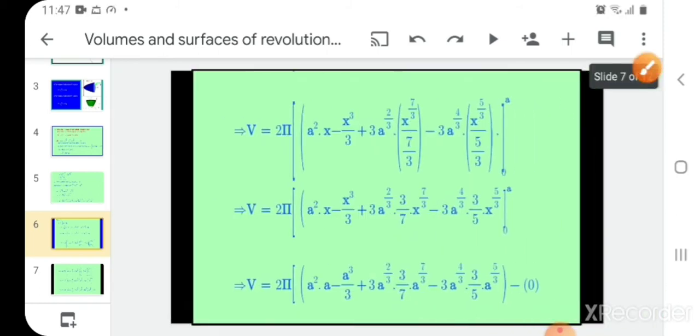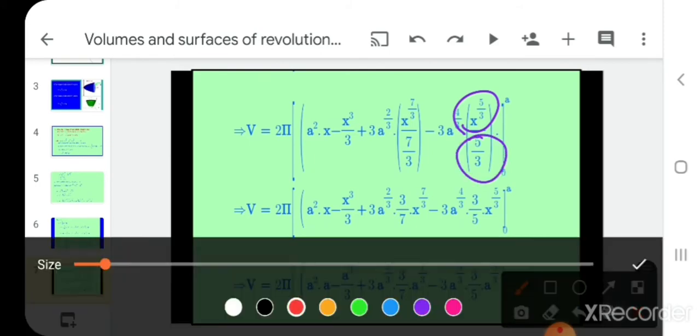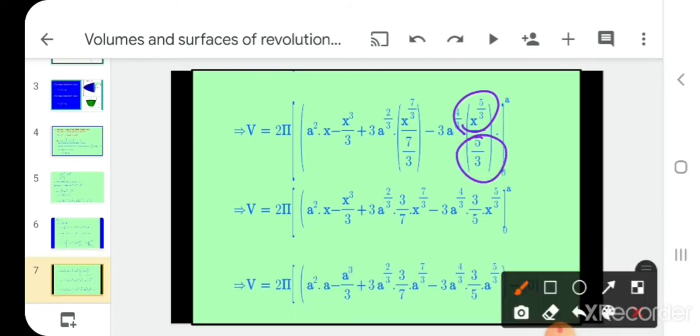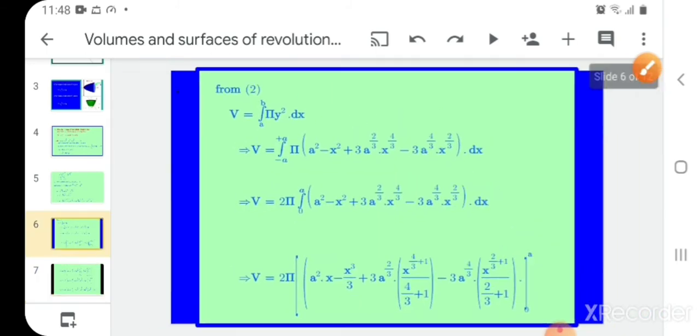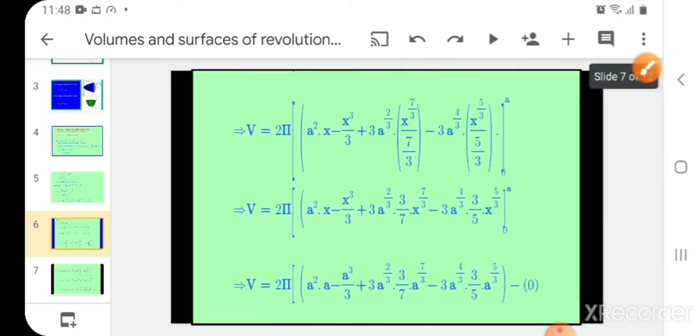So I write x power 5 by 3 by 5 by 3. Is it clear? See here, first I simplified the equation. That means 2 pi a square x minus x cube by 3, plus 3a power 2 by 3 into x power 7 by 3 by 7 by 3, minus 3a power 4 by 3 into x power 5 by 3 by 5 by 3. See here.